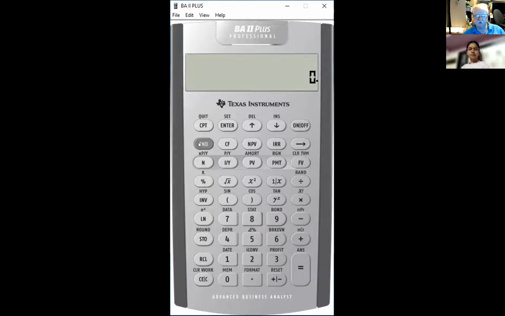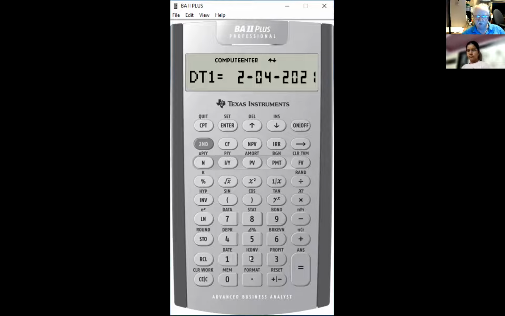Go to the second function. It's the second function of the number 1, which says date above it. The first thing you'll see is DT1, and we're looking for February, so that's the second month. The format here always has to be month, dot, day, year.